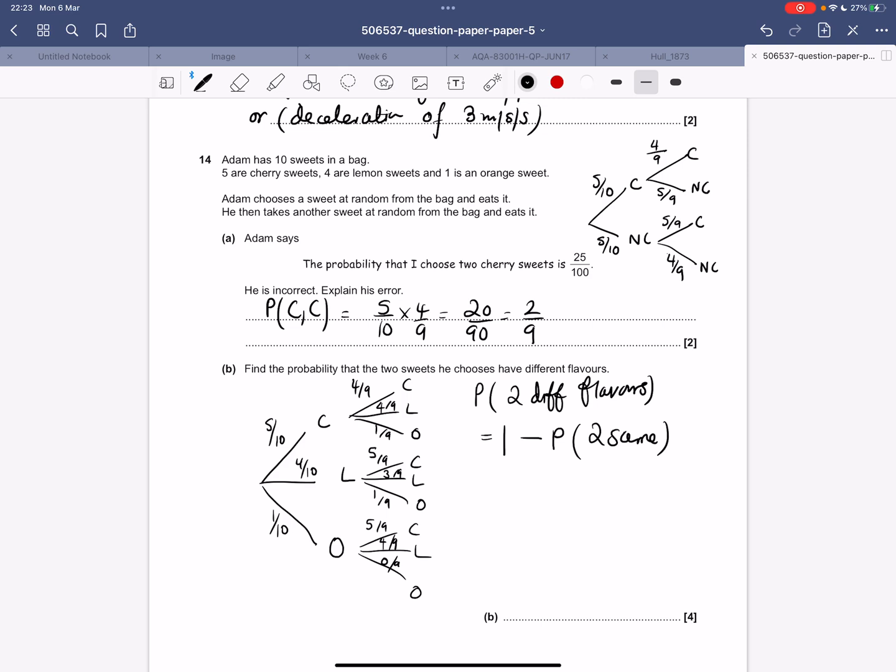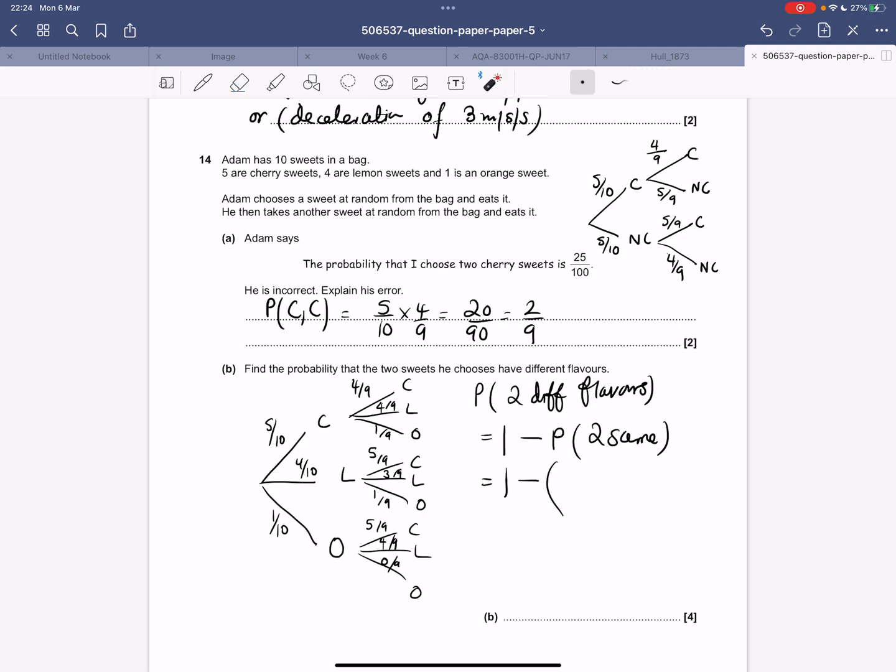Because he either gets 2 the same or he gets 2 different, and there are fewer branches where we've got 2 the same. So we can do 1 minus the probability, which is slightly fewer calculations.